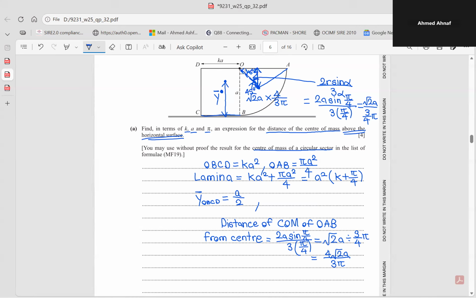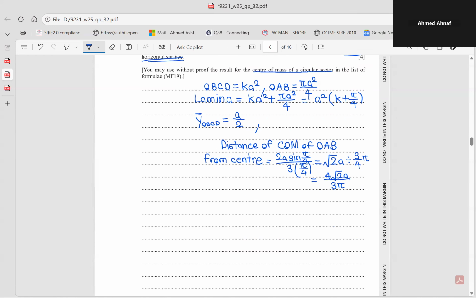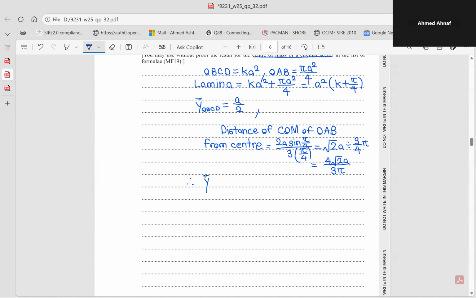Therefore, to find this height, it's just going to be times sine 45.